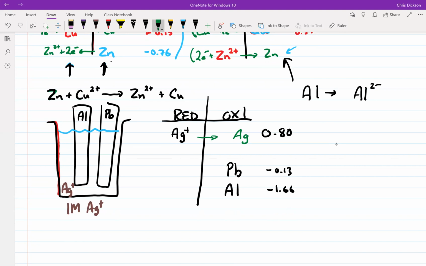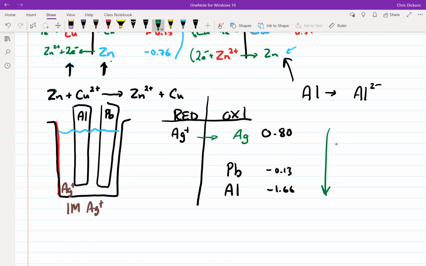So the reducing agent you produce, which in this case would be silver metal, has to be a weaker reducing agent than the reducing agent you're trying to oxidize. So lead and aluminum, they are lower down on the table. So they are stronger reducing agents. They're more likely to get oxidized. So this reaction looks good so far.